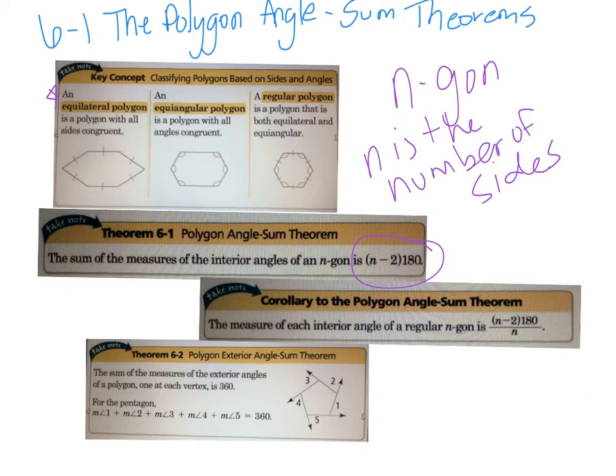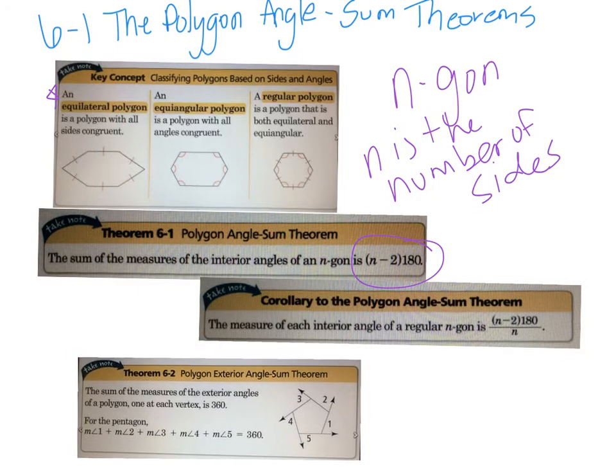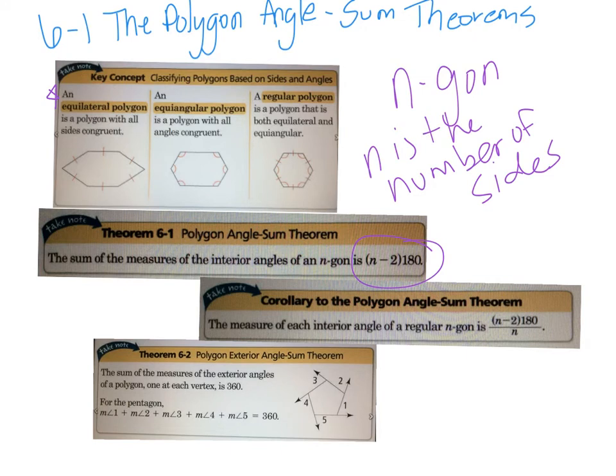The second theorem that you need to know is called the Polygon Exterior Angle Sum Theorem, and this theorem basically says that if you have a polygon, the sum of all of the exterior angles is going to be 360. We know that it's exterior because it's on the outside of the angle.